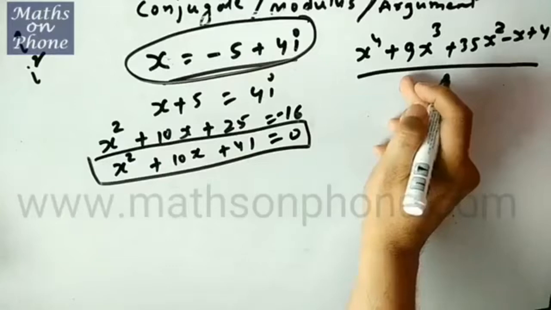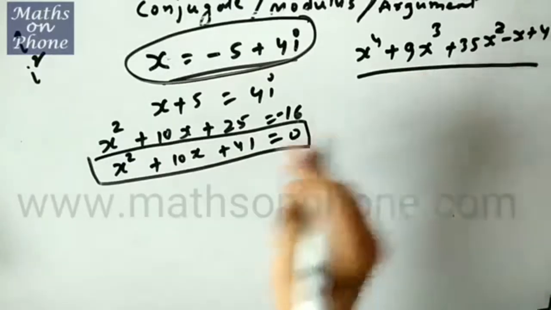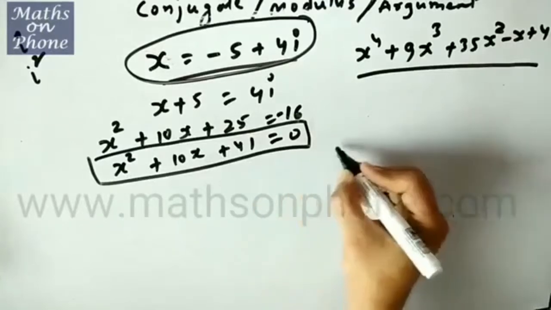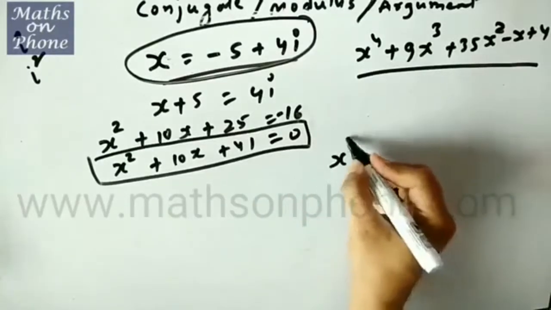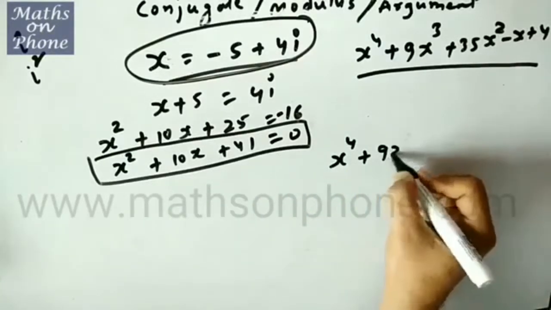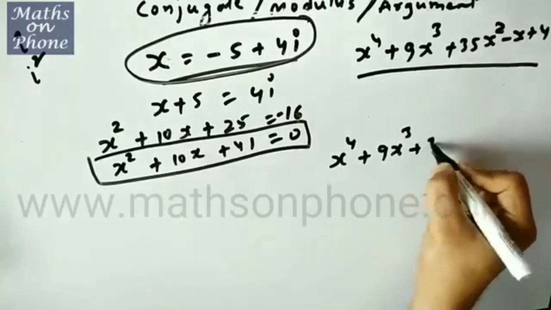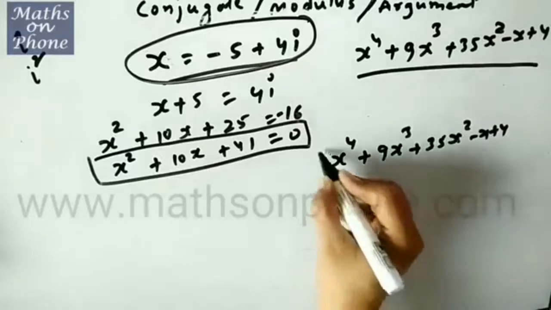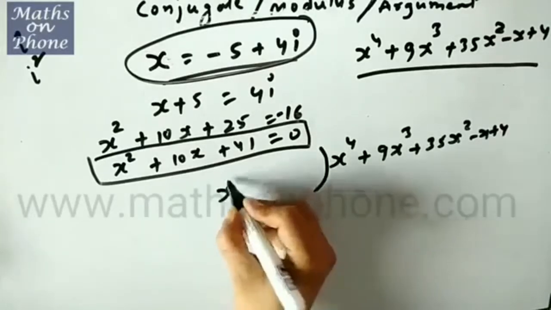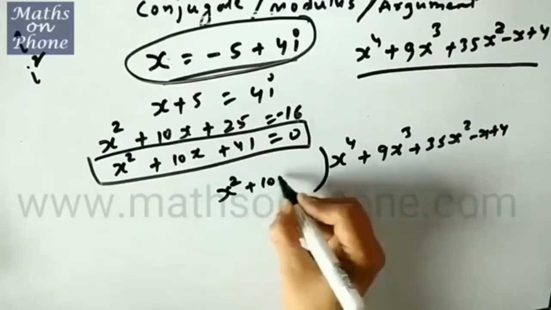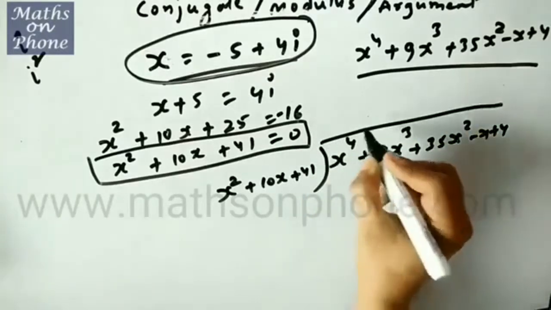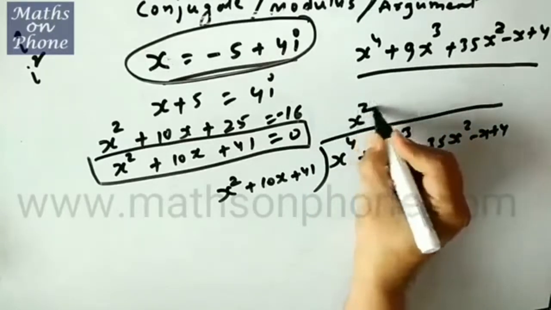Now, whose value we need to find, you just divide that expression by the quadratic equation you got. So we are dividing x to the 4 plus 9x cube plus 35x square minus x plus 4 by x square plus 10x plus 41. Firstly we will multiply with x square.